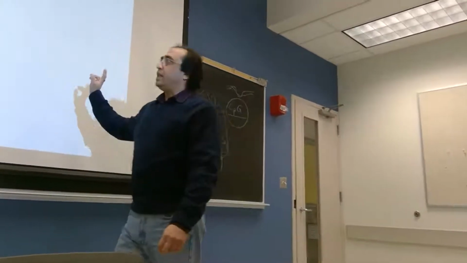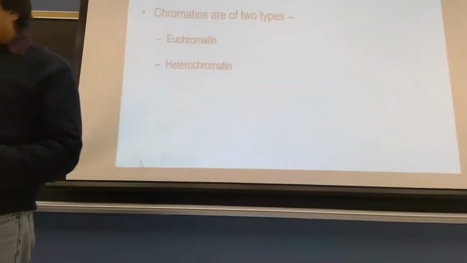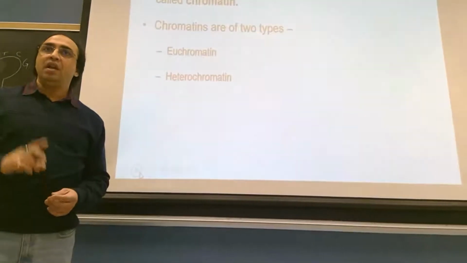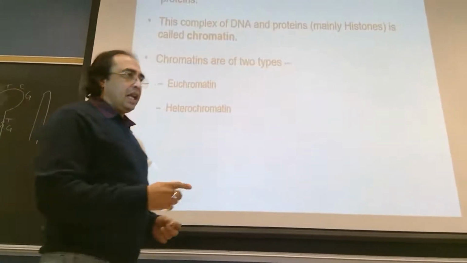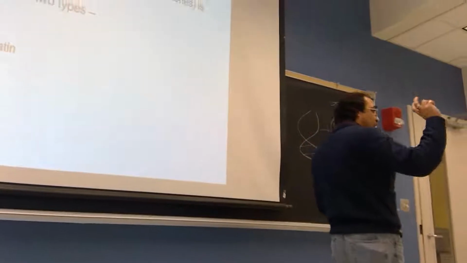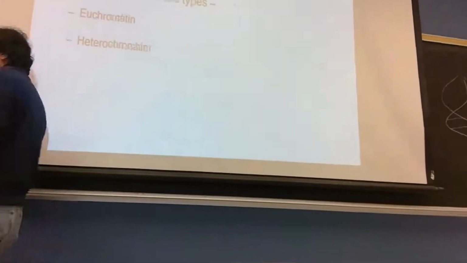This chromatin is of two types. One type is called euchromatin, another is called heterochromatin, based on the DNA coiling. And in eukaryotic chromosome, there is not only the chromatin DNA, there are other proteins also. I'll talk about that one a little bit later.